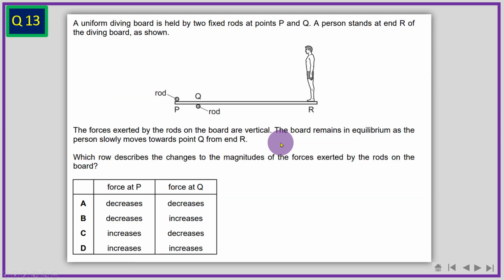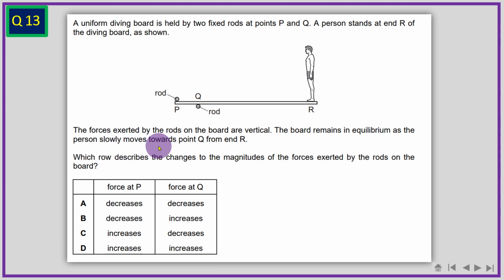Question 13. What are we told in question 13? We are told this. A uniform diving board is held by two fixed rods at points P and Q. A person stands at end R of the diving board as shown here.